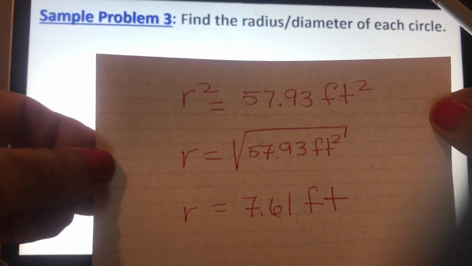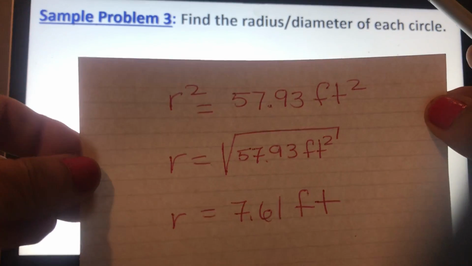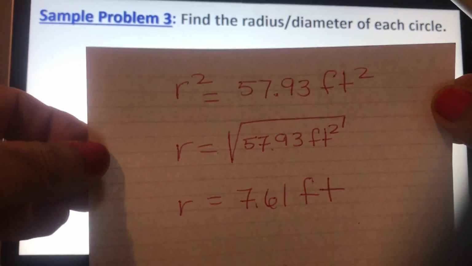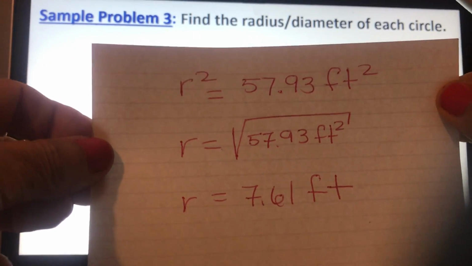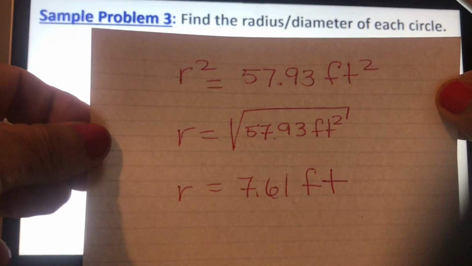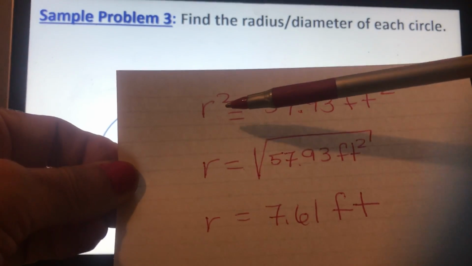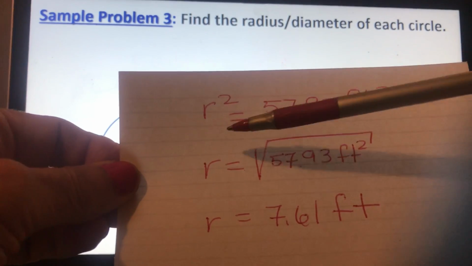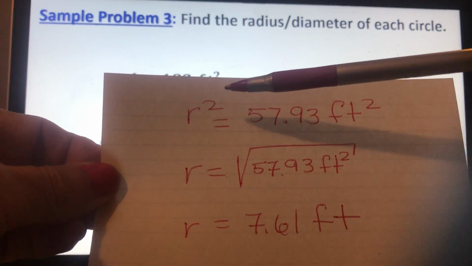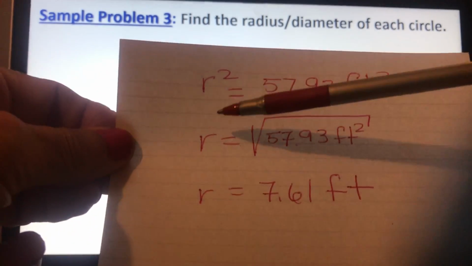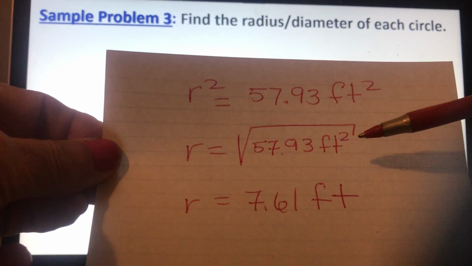But we're not looking for R squared, we're looking for R. So whenever we have an R squared, we take that second power and multiply it by an exponent of 1/2. But if we do it on our left side, we do it on our right side.